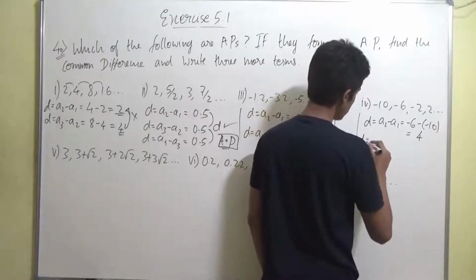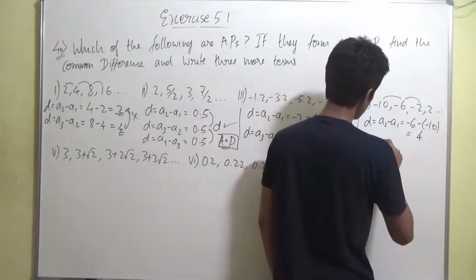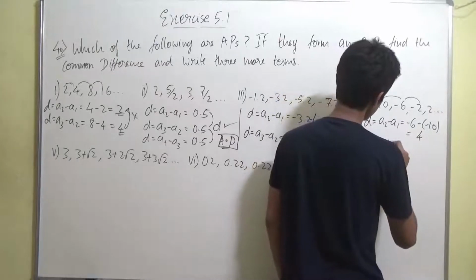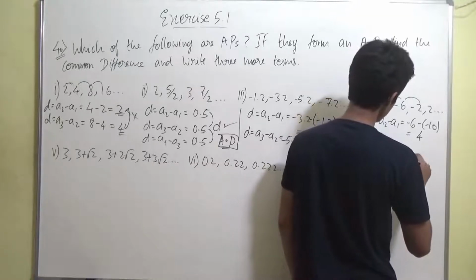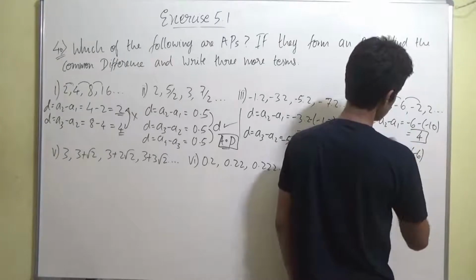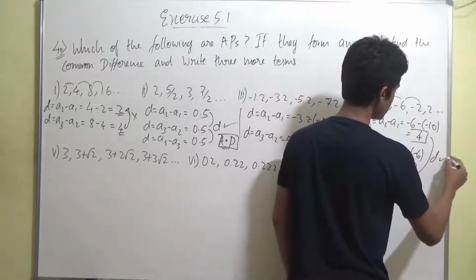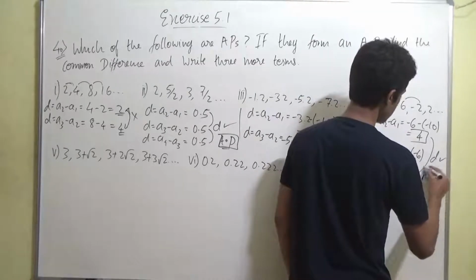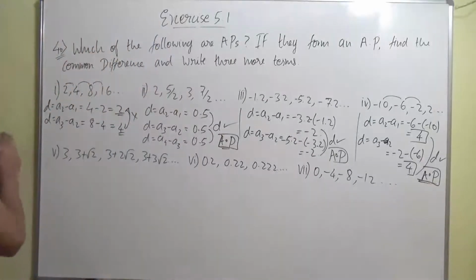Now let's find the difference between the next two. a3 minus a2 is nothing but minus 2 minus of minus 6, which becomes 4 again. This is also 4, this is also 4. The difference is the same, which means even this one is an AP. Getting it, guys? That's how we'll be doing all the questions.